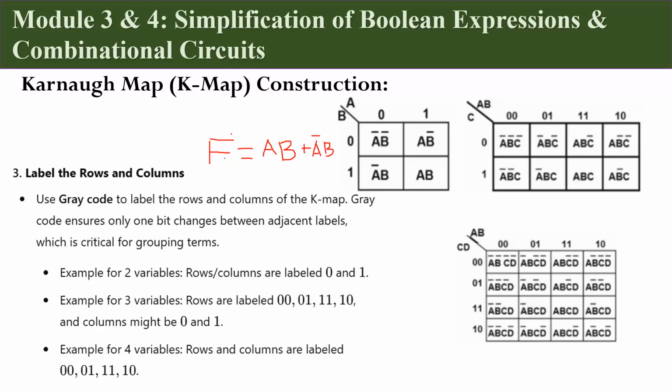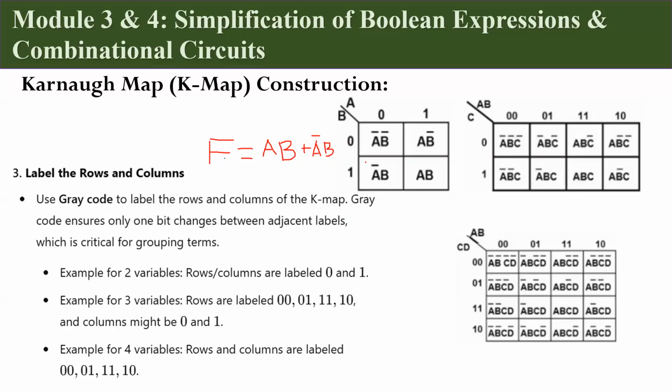Now, my question is this. Are you with me, everyone? This is a function that we want to minimize: F equals AB plus A bar B. This is the function that we want to plot.